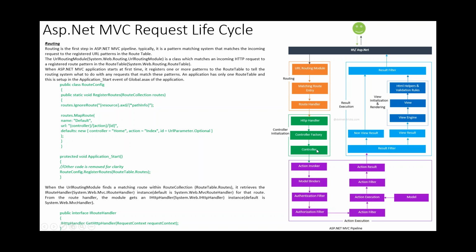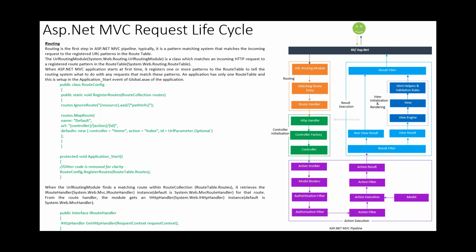So easily what you can remember about this request lifecycle is, just remember everything is a URL. The very first thing is the URL. Wherever you click, a new URL will be opened in the MVC application. That has to be served by your IIS server, because MVC applications are hosted on IIS servers.